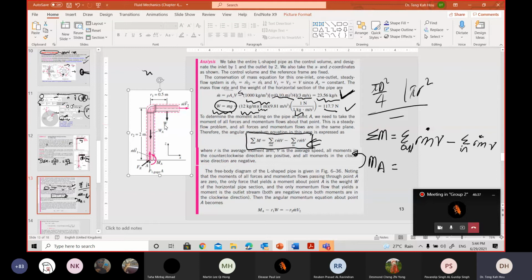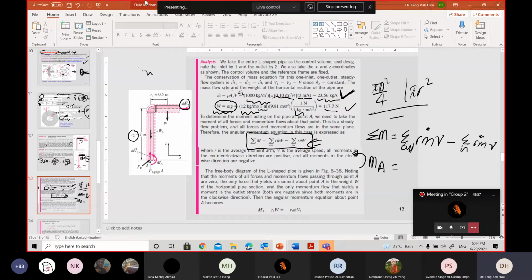Okay, so moment at A in this direction equals rMV out, which is R2 MV2.